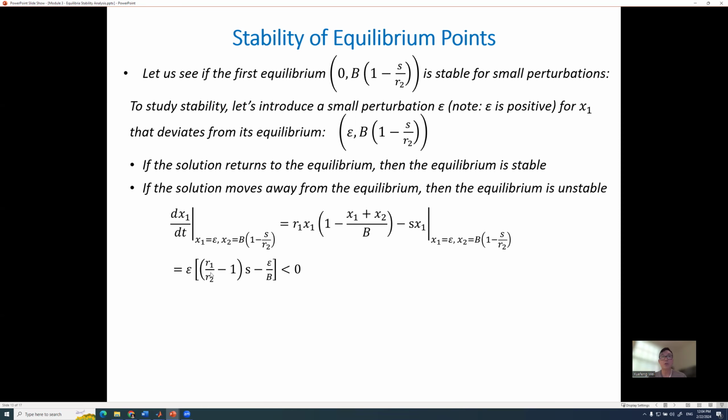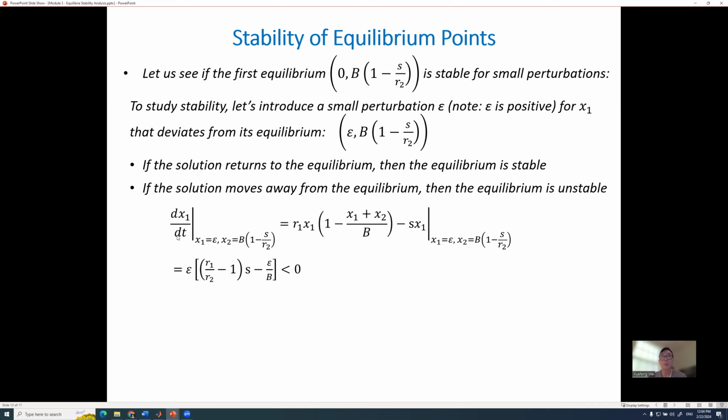Notice that R2 is bigger than R1, because R2 is the cancer cell production rate, which is faster than the healthy cell production rate. So this term is negative, and the other term is positive. Epsilon is a positive value, so this whole expression is negative.